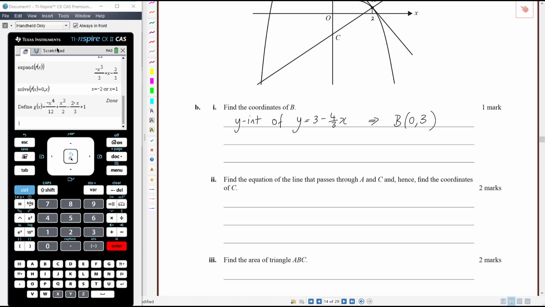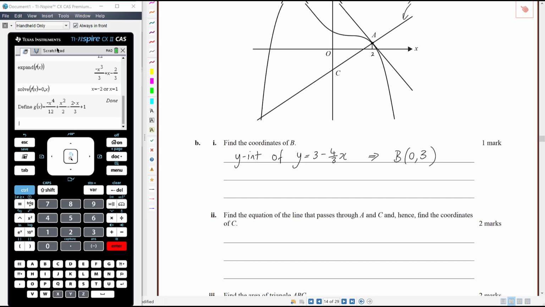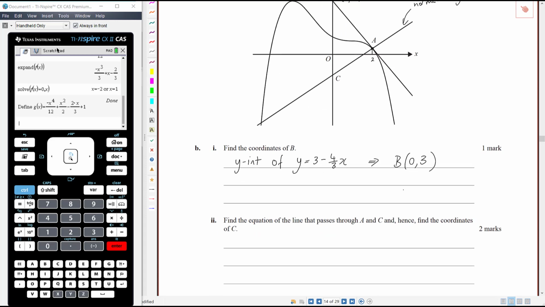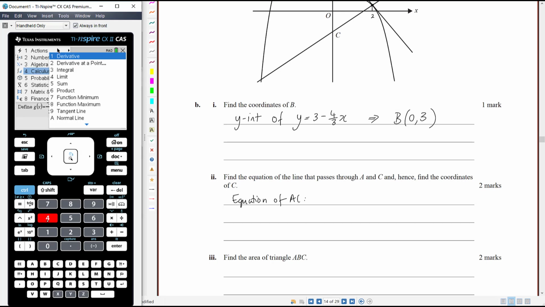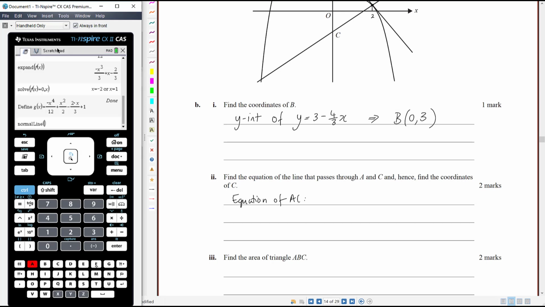Find the equation of the line that passes through A and C, and hence find the coordinates of C. Okay, so we already know the line that passes through AC is the normal to g at x equals 2. So let's get our CAS to work out the normal. So menu 4, A for normal line. It is the normal to g of x, which I've defined, comma, when x is equal to 2.